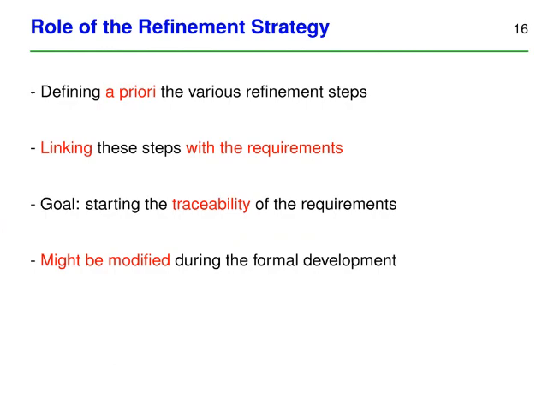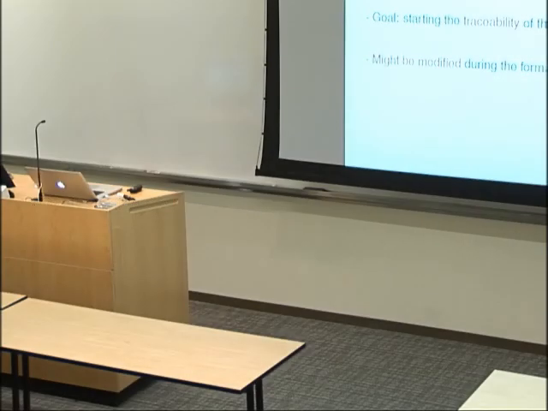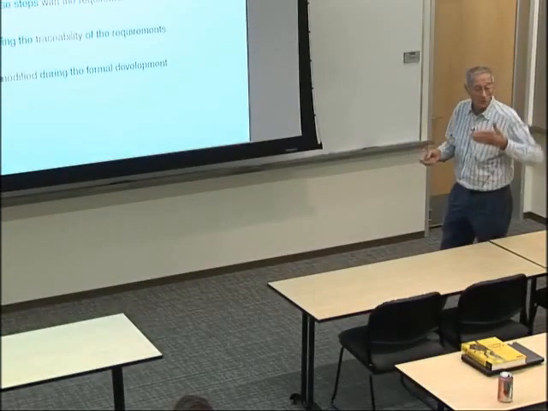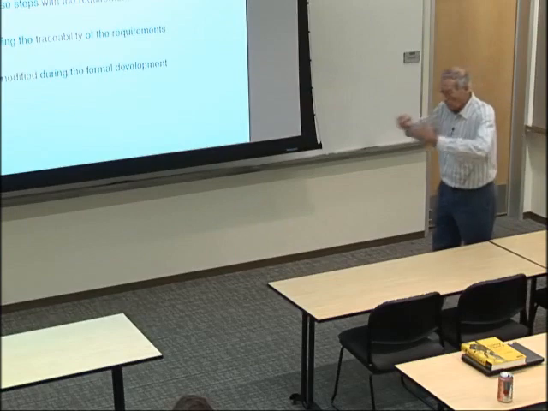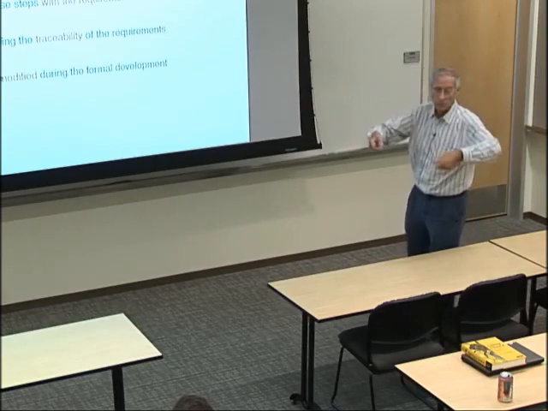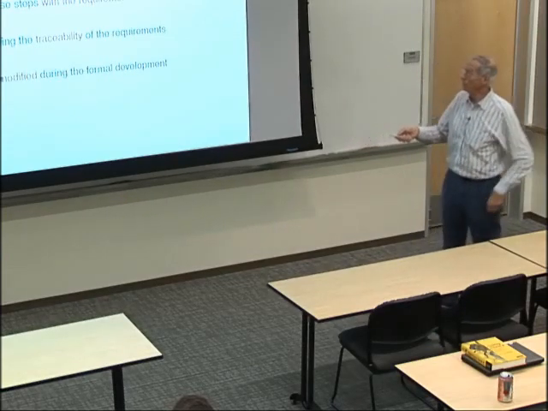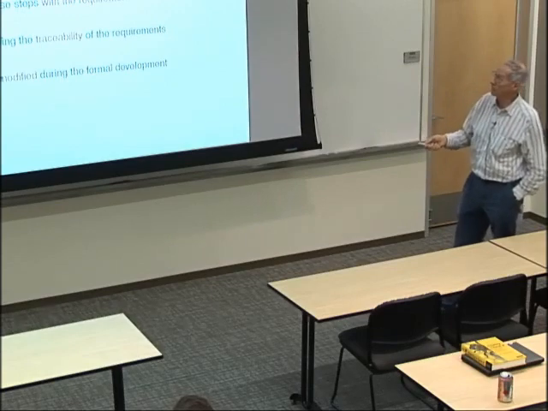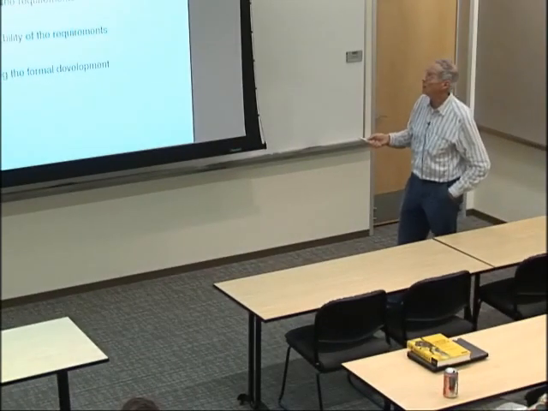The refinement strategy. The role of the refinement strategy is to define a priori, without starting, the various steps, linking each step with the requirements. So we say in the first step we take this one, second step this one. Also the goal of the refinement strategy is to start the traceability of the requirements.